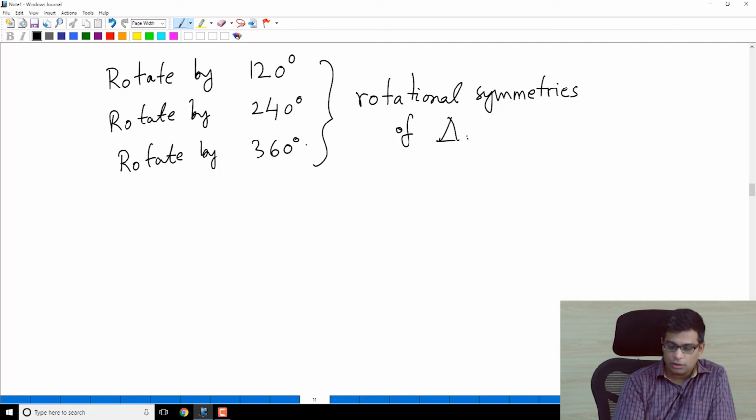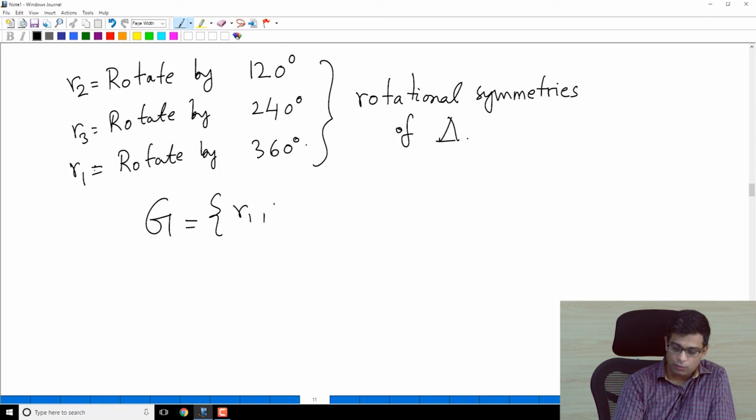Let us denote these by some names. I call this R1, this R2, this R3, and let us take the group or the set G to be {R1, R2, R3}.